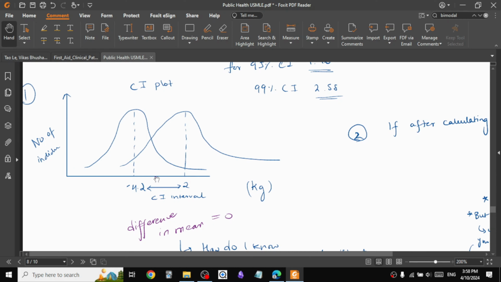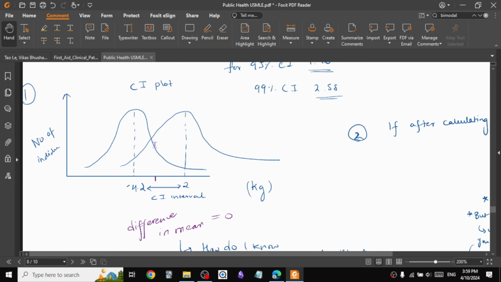Now understand that between minus 4.2 and 2 there is a zero value. If there is a zero value in between, what does that mean? That means at one point there was no association, right? Nothing happened, your drug or your weight loss program or whatever you offered didn't work at all.